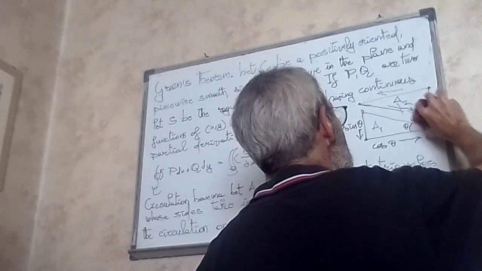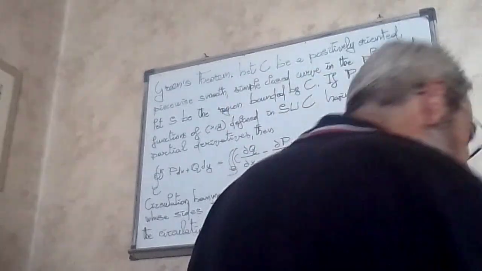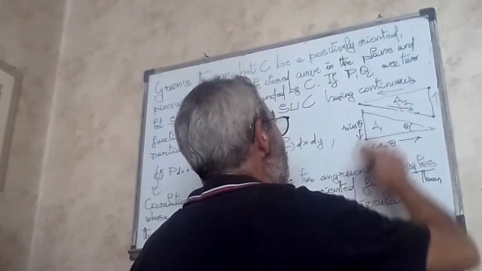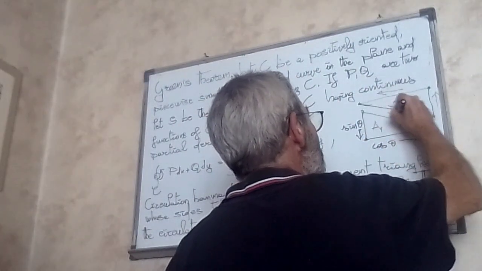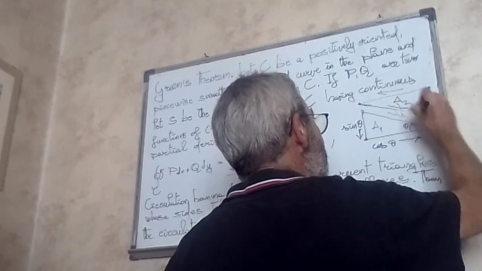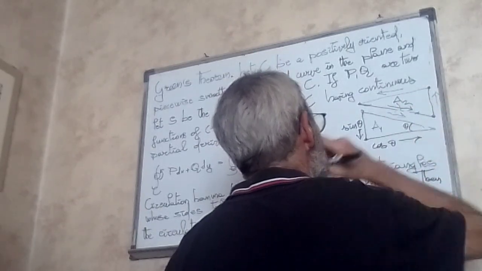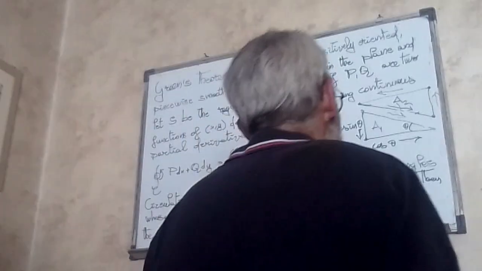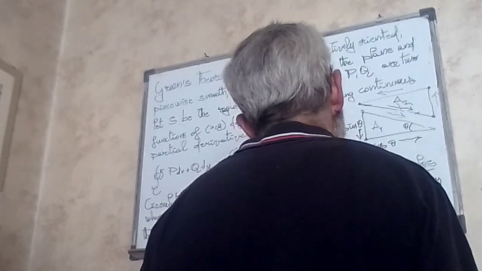But if we consider an arrow from this vertex to this vertex, we have two disjoint paths.